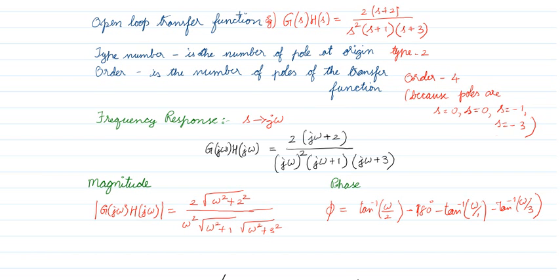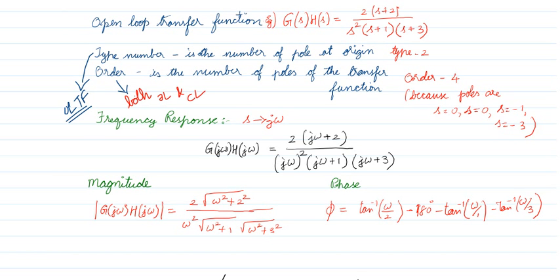So this system is type 2 and order 4. And remember that type exists only for open loop transfer function. Order is for both open loop and closed loop.